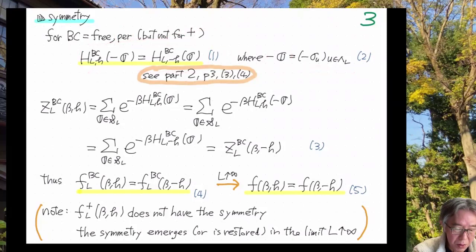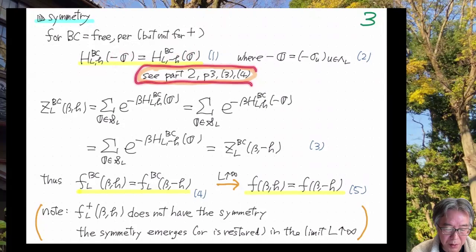If you have a Hamiltonian with this magnetic field, and you consider the energy for this spin flipped configuration, it is exactly the same as the energy of the original spin configuration with magnetization sign flipped. This you can easily find from the definition of the Hamiltonian.